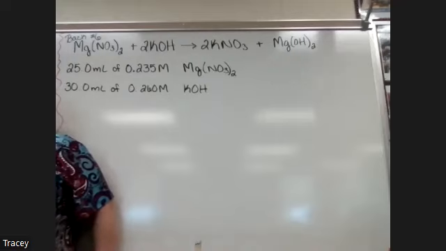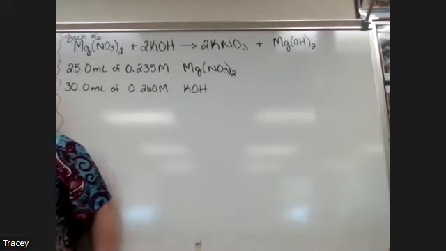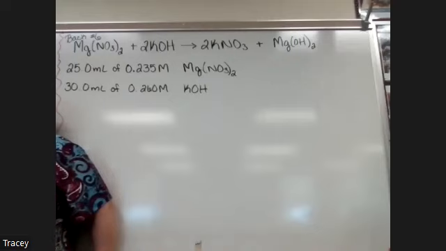Now, the way to tell that a solution stoichiometry problem is a limiting reactant problem is the fact that you are given two sets of a pair of volume and molarity.